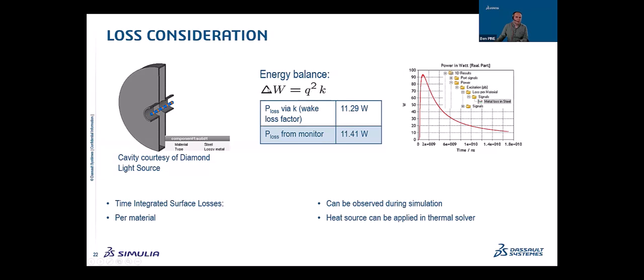So here we've got an equation of the power for the charge of the electron squared times this wake loss factor. And CST could include the same value calculated from a monitor. And you can see that the answers agree reasonably well. I think the numerical answer is more likely to be trusted here. And you can also see the power loss over time. This power loss can then be applied in the thermal solver as a heat source.